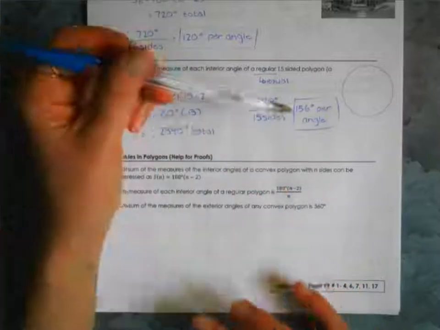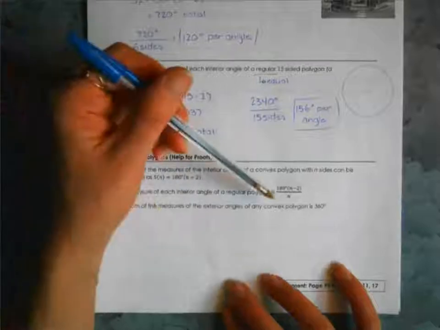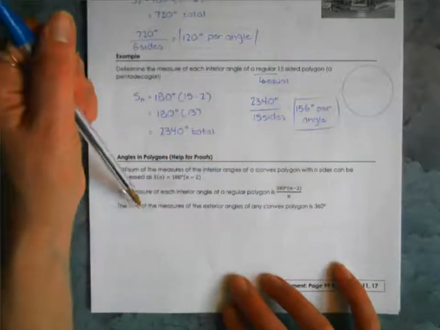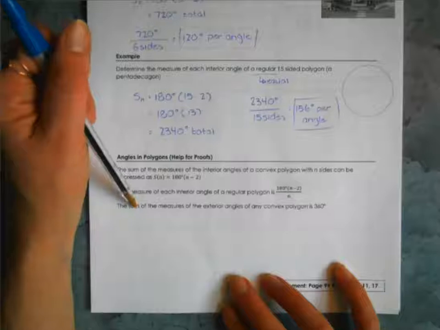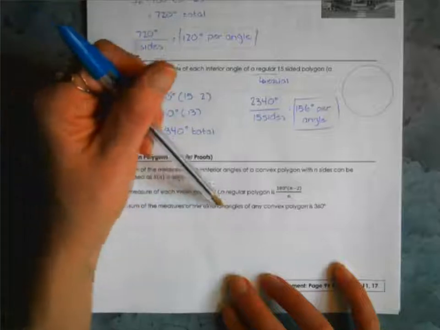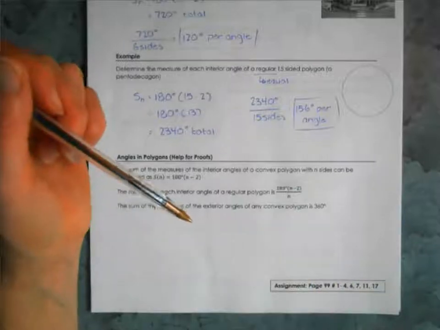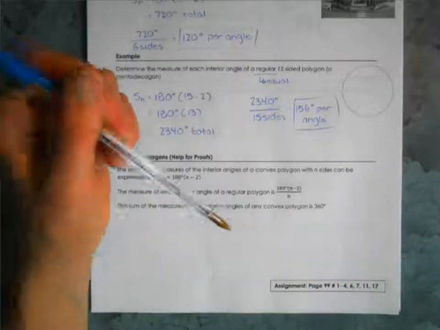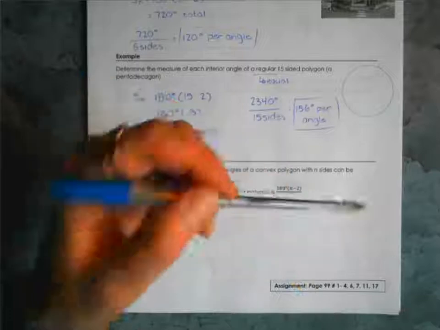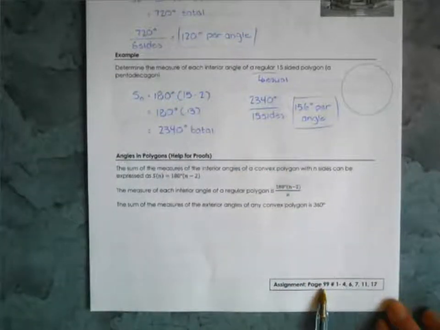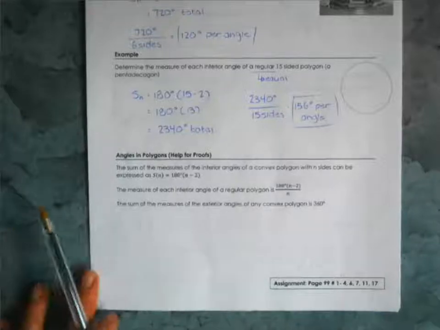I have been doing it in 2 parts instead of combining it into one, but whichever way you do it is fine. And then the sum of the measures of the exterior angles of any convex polygon is 360 degrees. You have a little assignment to do, page 99, a couple of questions there.